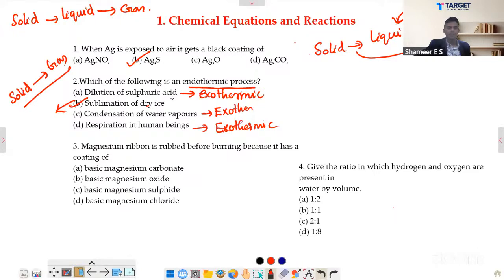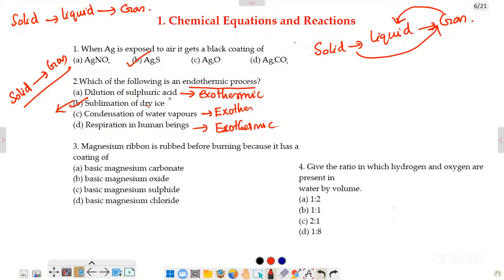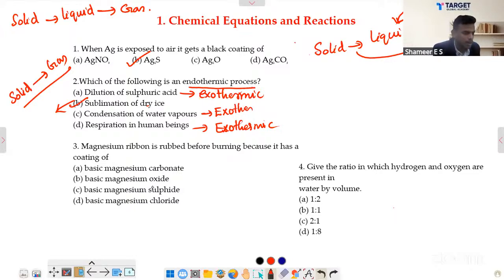Please respond. Which one, magnesium carbonate? No. It's actually magnesium oxide. The coating needs to be removed, the magnesium oxide. It's basic. You know, metallic oxides are basic.